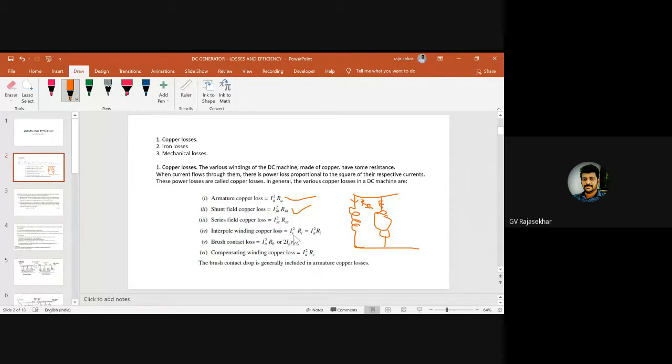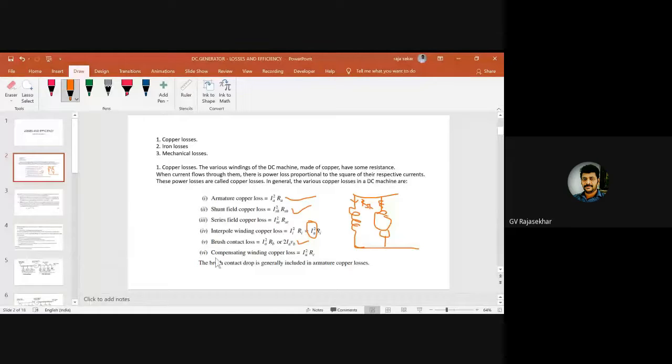For interpoles, there is interpole loss, because the same Ia will flow in the interpoles. Brush contact loss is Ia square Rb, or 2 Ia Vb. And suppose you are using compensating winding, to compensate the effect of armature reaction and to improve the commutation.